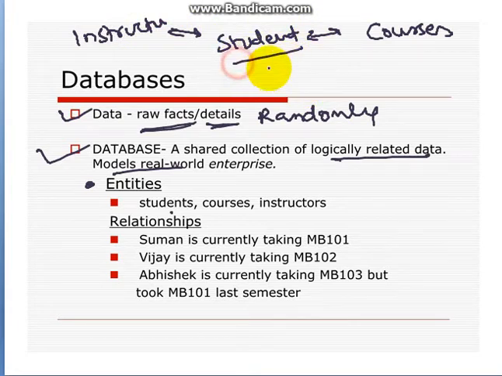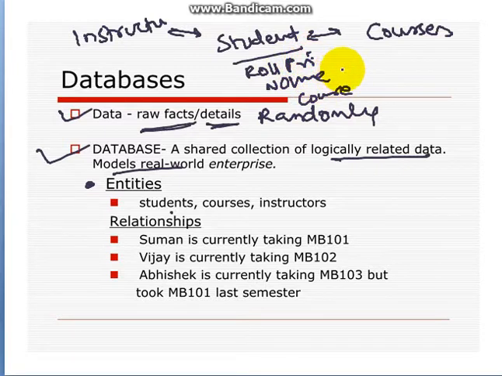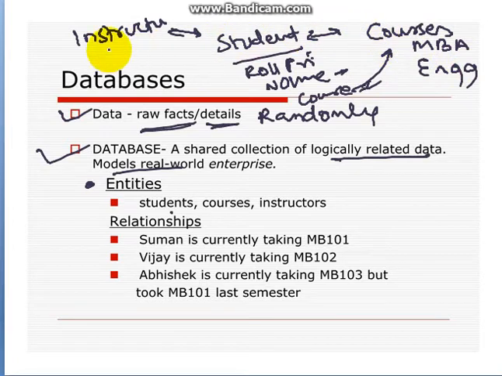For example, a student might have a roll number, his name, and the course which he has taken. So roll number is the primary key over here, along with the name of the student and the course. So the course is linked with him. He might have taken MBA or engineering. So this is the course being linked. Instructor is the name of the person who is instructing the students.